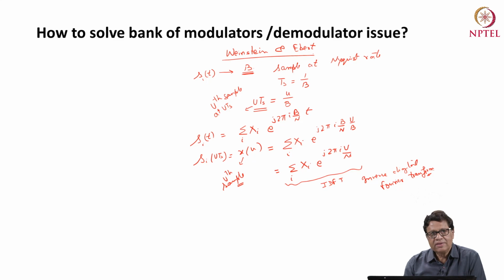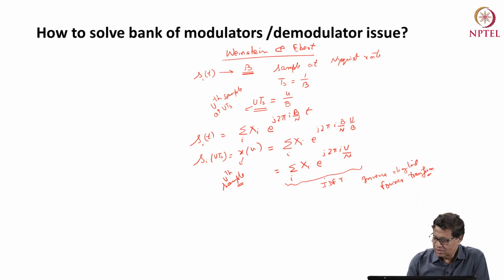So I can recover this Xi from this IDFT, from these samples. So this becomes very, very easy. I don't have to have a bank of modulators and demodulators. Simply I recover the coefficients of the signal, and they are actually the Xi's.